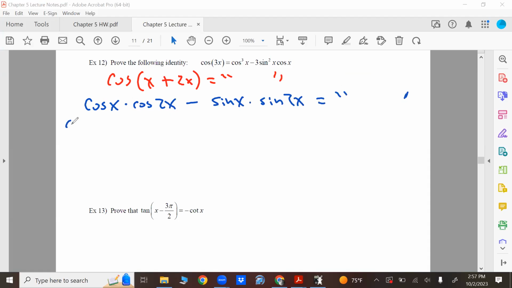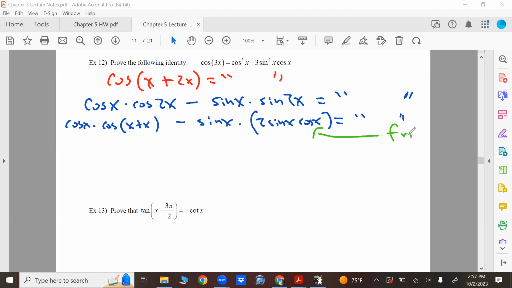Is that right? Use cosine x plus sine x to see where that gets you.